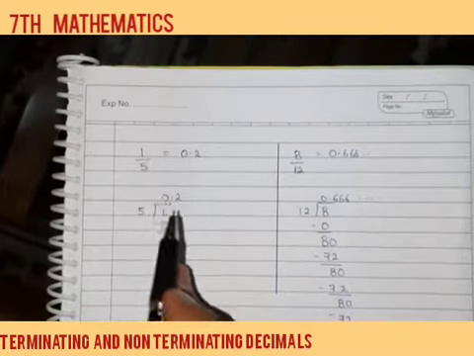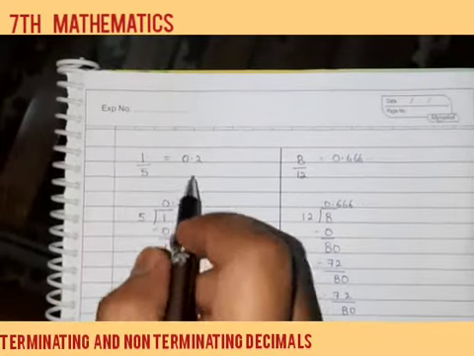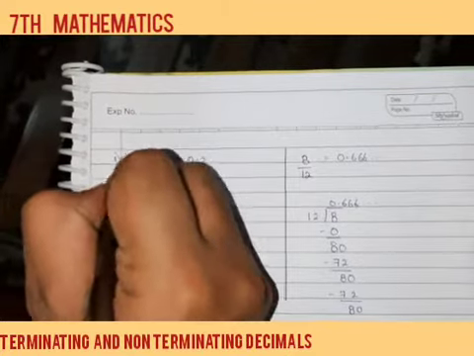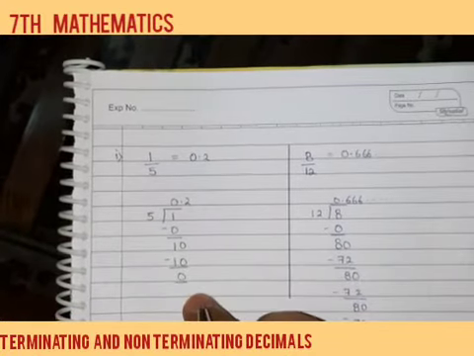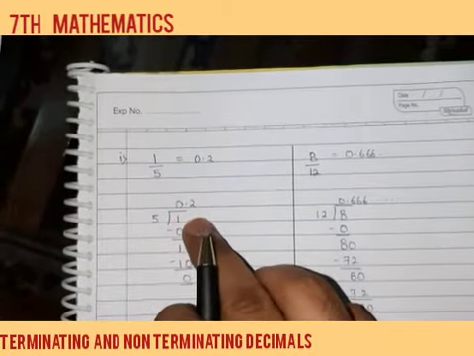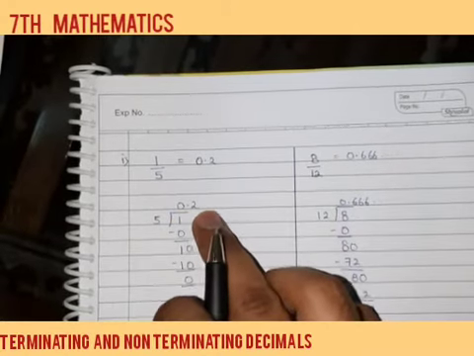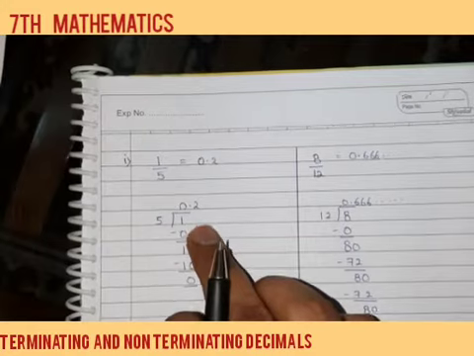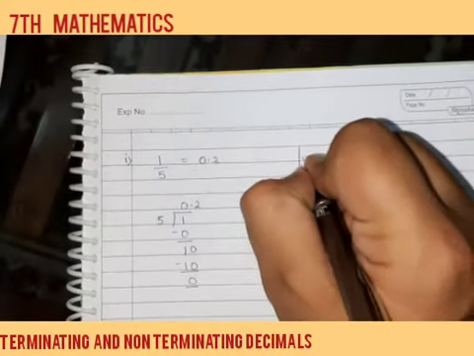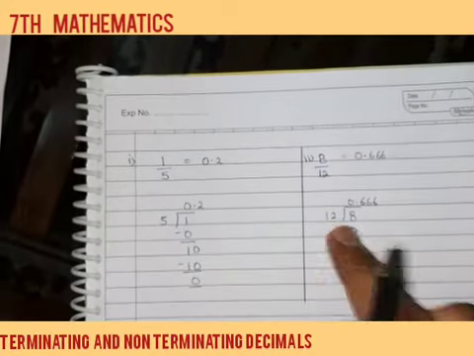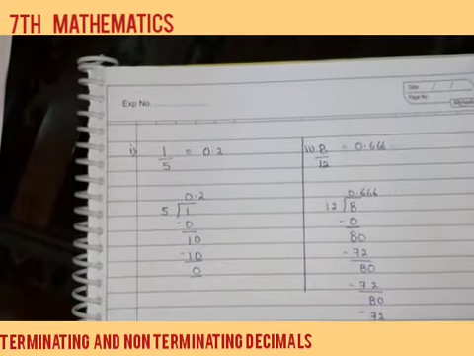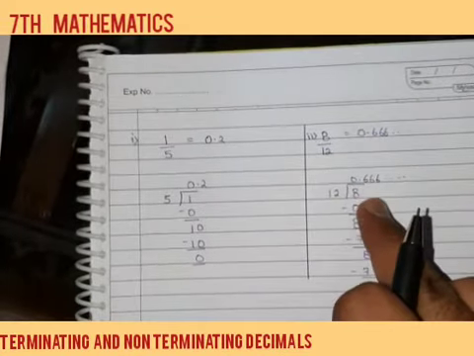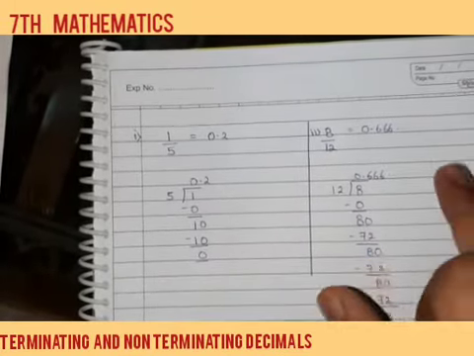If we look clearly at the divisions, the first one was 1/5. Here we got the remainder 0 and a fixed value, that is 0.2. The quotient was fixed, 0.2. Whereas in the second division of 8/12, we neither get the remainder 0, and the division was going on and on and on.